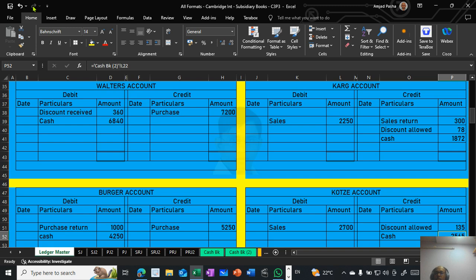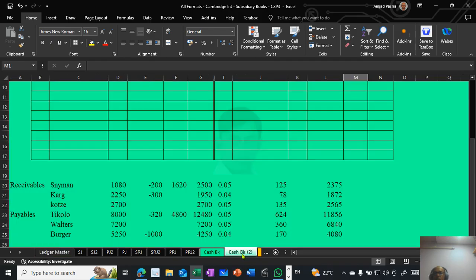So what is left? Burger account. We didn't give discount. Let us check whether we received discount from Burger or not. Burger, yes, 170.